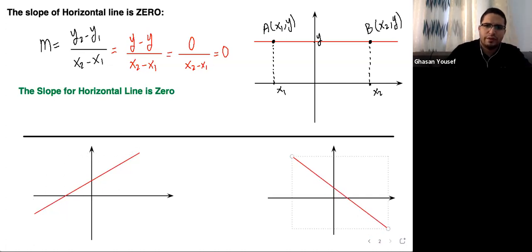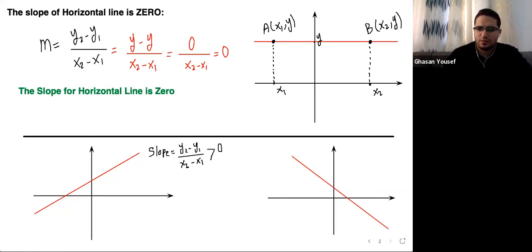So we should know here in the first one, the slope equals y2 minus y1 over x2 minus x1, and this value is greater than 0.